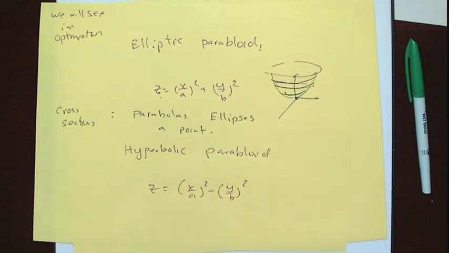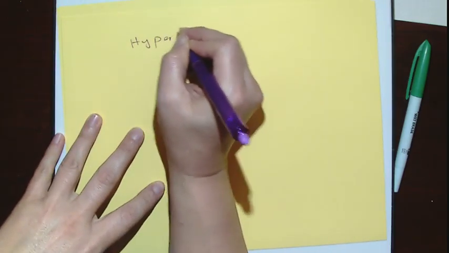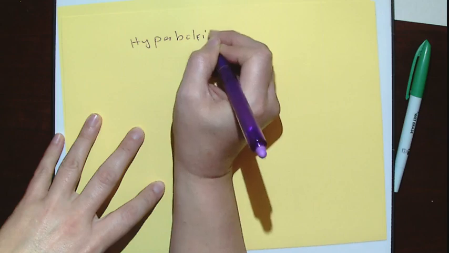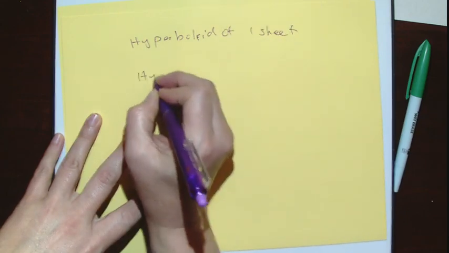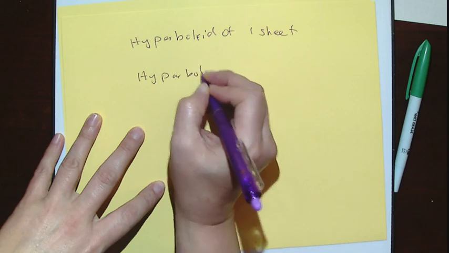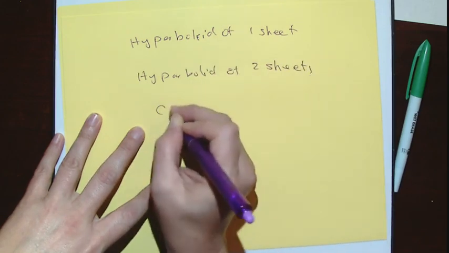Let me talk about this briefly. The other shapes that I want to talk about are hyperboloids of one sheet, hyperboloids of two sheets, and cone.